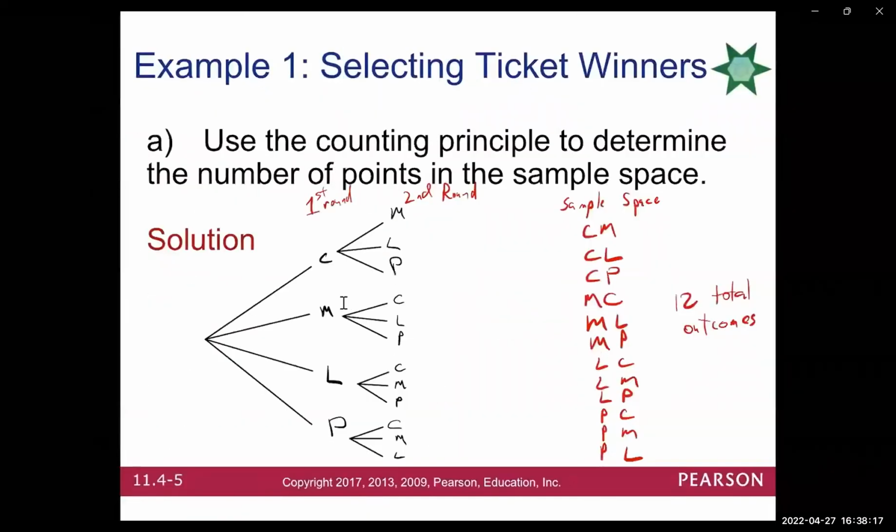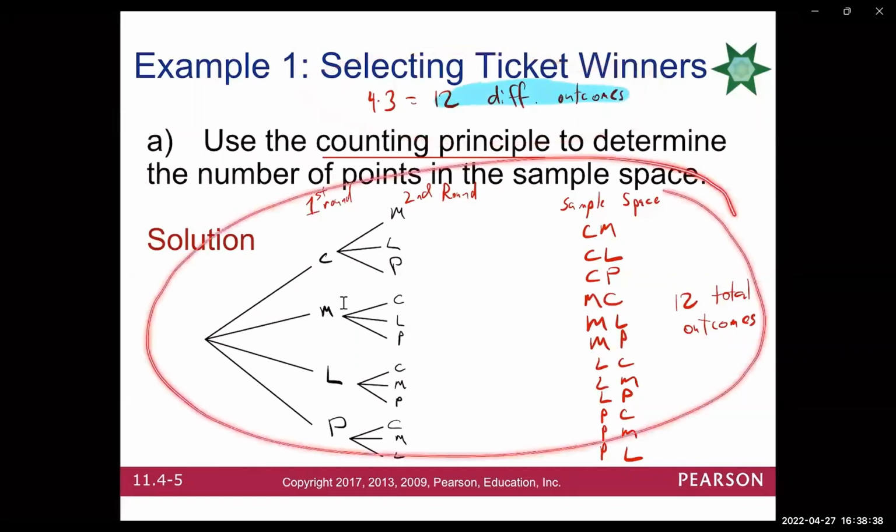On this side, they wanted you to do the counting principle, which was 4 times 3, 12 different outcomes. So I just wrote things on the wrong slide, but you get the idea.